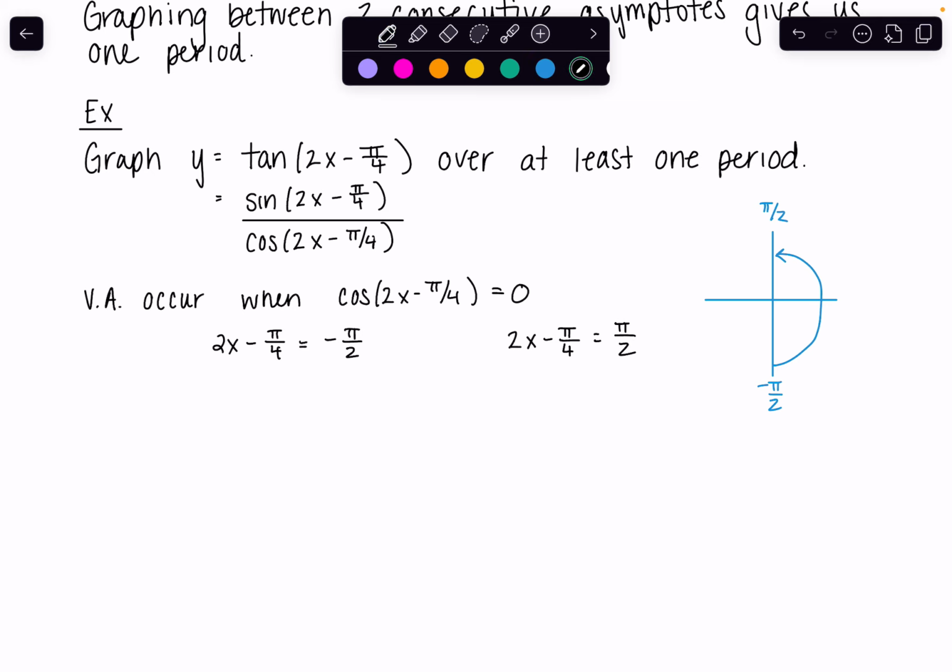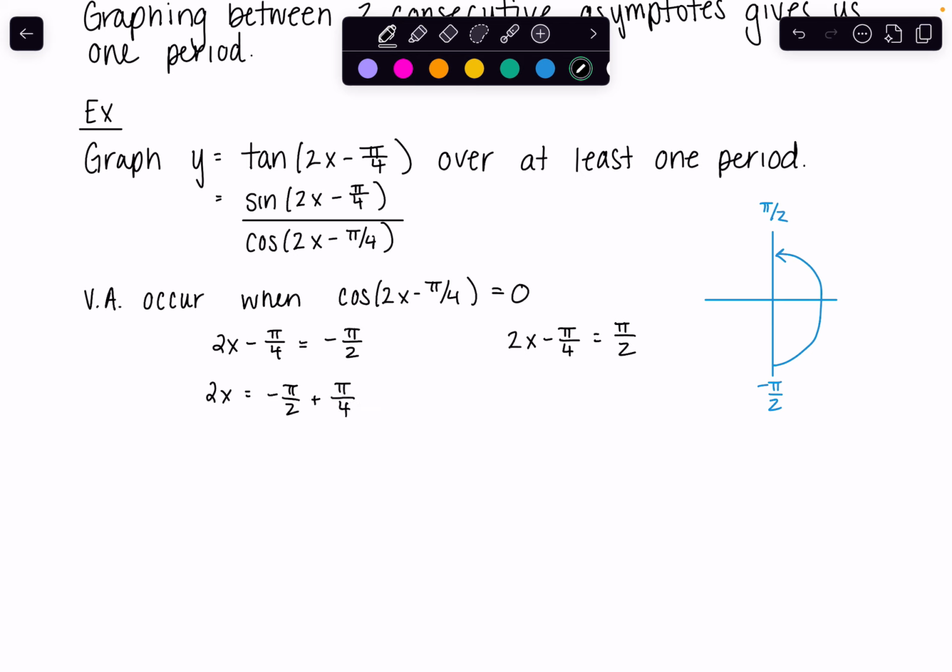So I need to figure out what x value this occurs for, so I need to go ahead and solve for x. So we go ahead and we add pi over 4 to the other side. Oops, messed that up. Negative pi over 2 plus pi over 4.